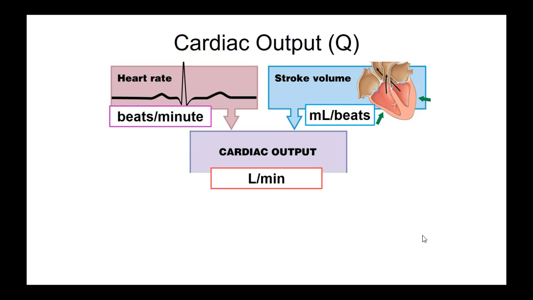Now, the other one is cardiac output. If you remember, I told you about stroke volume, the milliliters ejected per each contraction. If we factor in heart rate, say the heart beats this many times per minute, and for every beat we're ejecting this amount of blood, we can multiply those two things together to figure out how much blood gets ejected per minute.